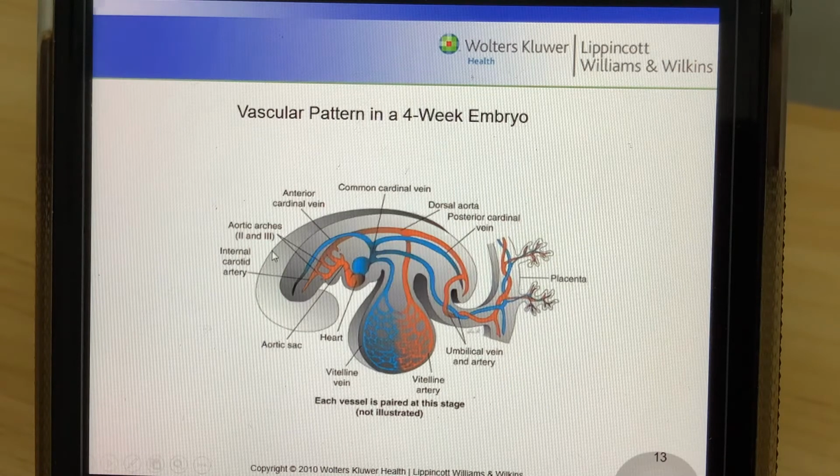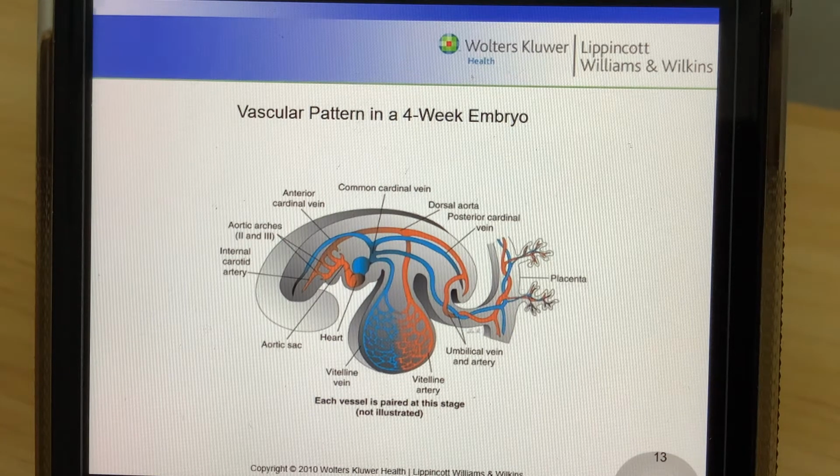Okay, so again, this is a 4-week embryo to point out the umbilical and vitelline arteries. The umbilical arteries remain paired and initially arise from the aorta.